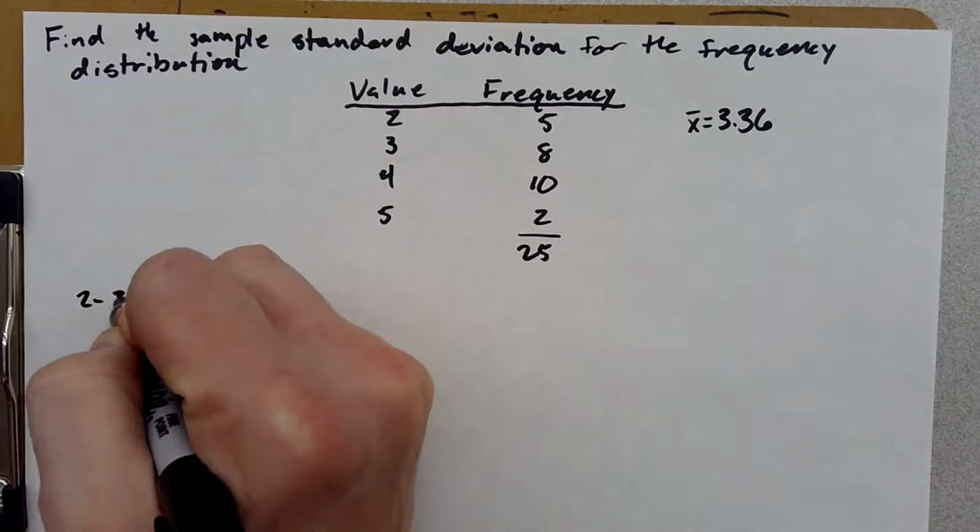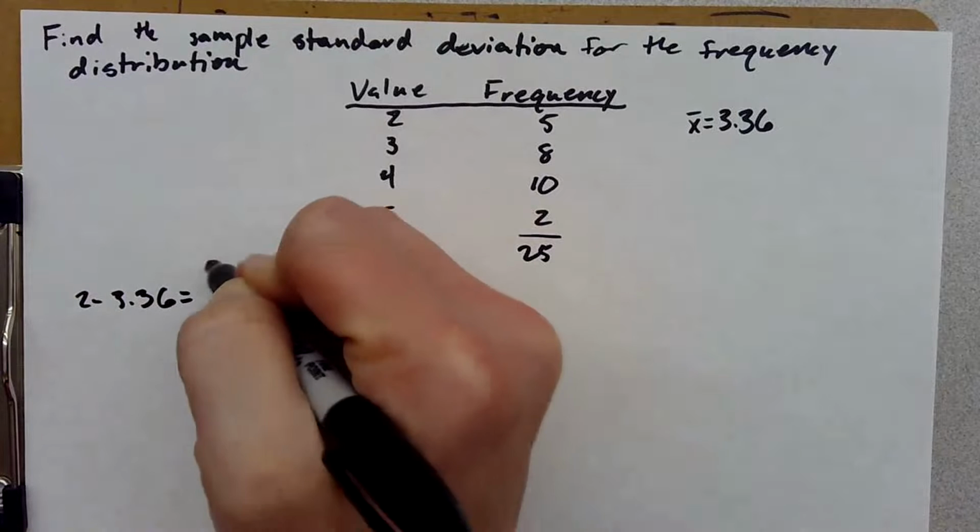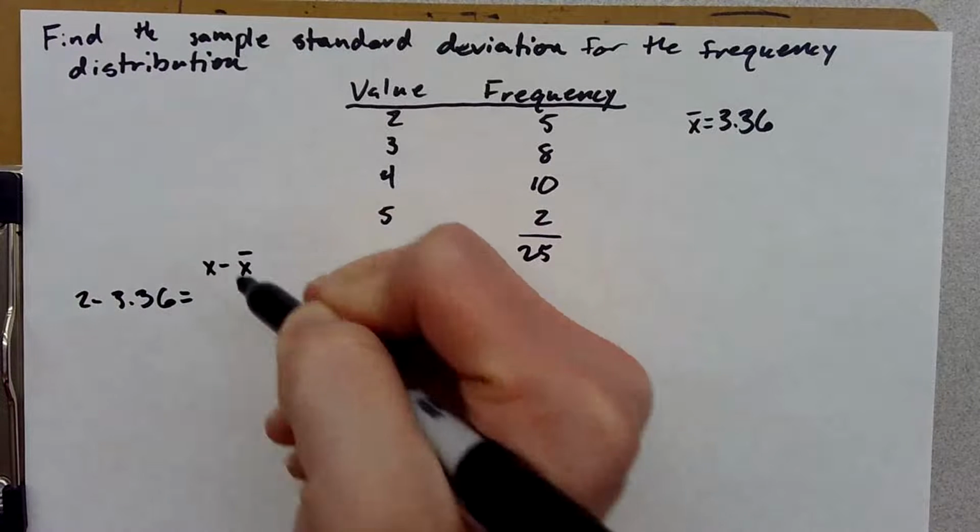So we get 2 minus 3.36. This is going to be X minus X bar.